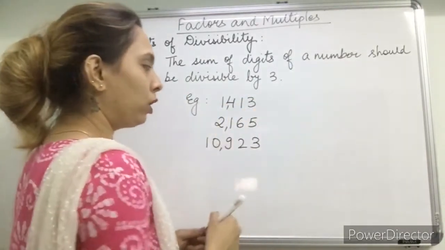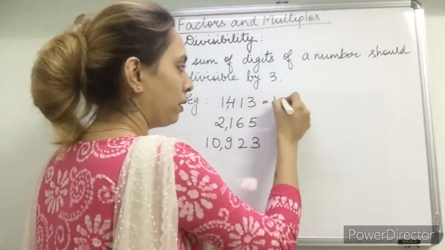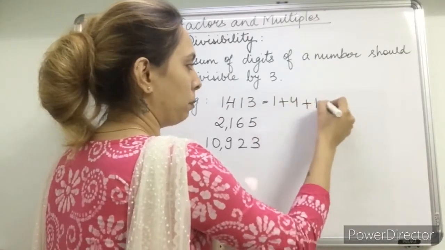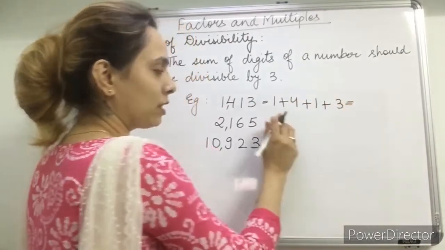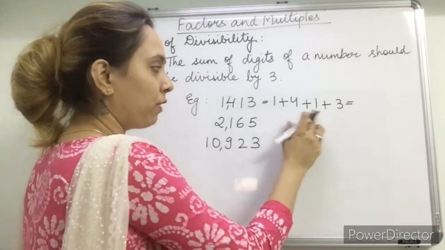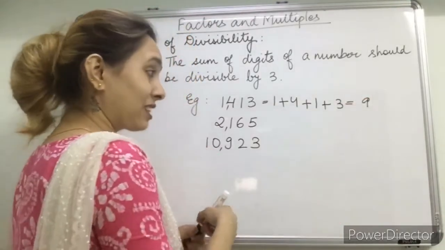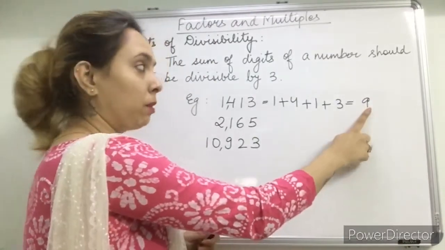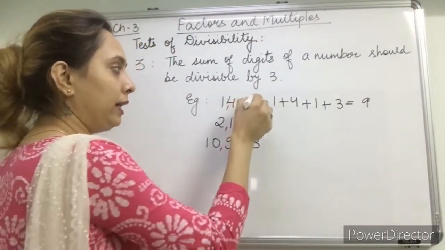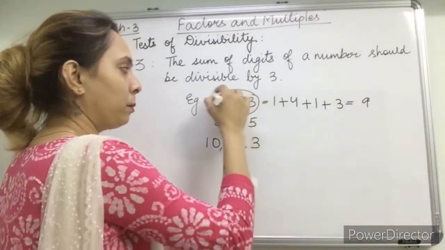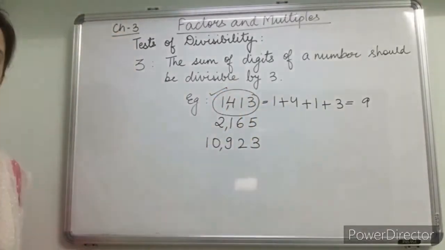If I add all these digits, 1 plus 4 plus 1 plus 3, what is the sum? 1 plus 4, 5, 5 plus 1, 6, 6 plus 3, 9. So the sum is divisible by 3. So yes, this complete number is divisible by 3.